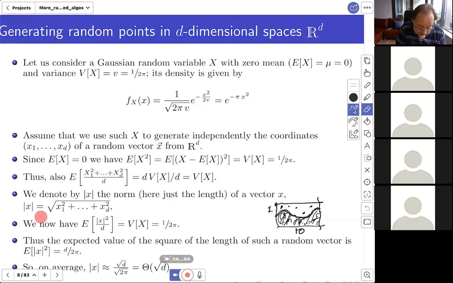Simply find this expression: the square root of the sum of the squares of the coordinates, and you will see that all 10 vectors will be of approximate size, some fraction of square root of d, right? So if you find the ratios of their sizes, they will all be very close to 1.